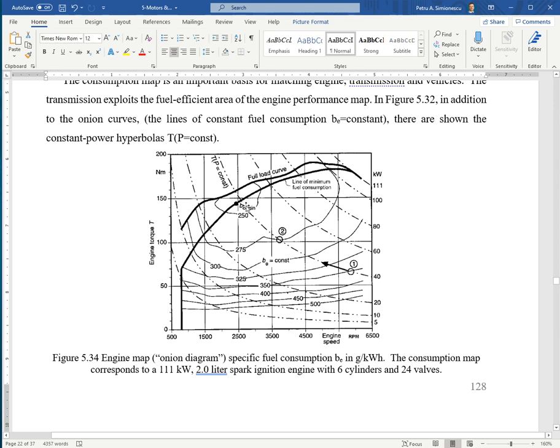So you're on this curve. The same amount of power can be associated with various levels of specific fuel consumption.